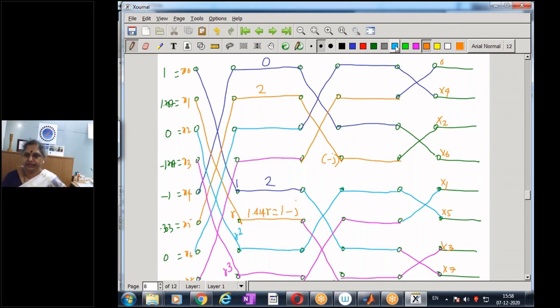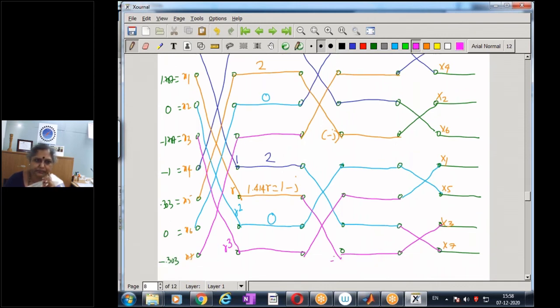And similarly, if I take the blue computation, this is 0 plus 0 and 0 minus 0. Next, the pink computation, this is going to be minus 1.707 minus this, that is going to be minus 2. And here it is going to be minus 1.707 plus this one, that's going to be 1.414 into gamma cube.